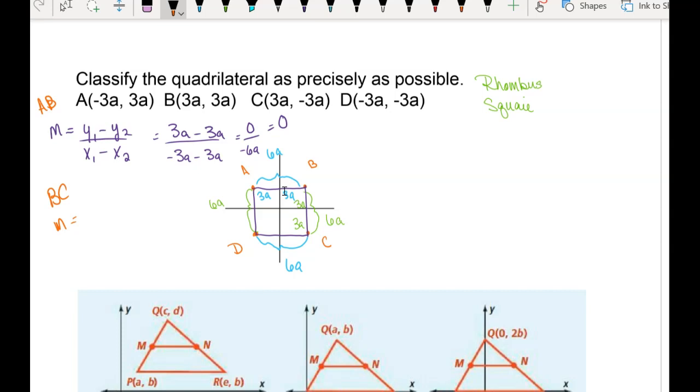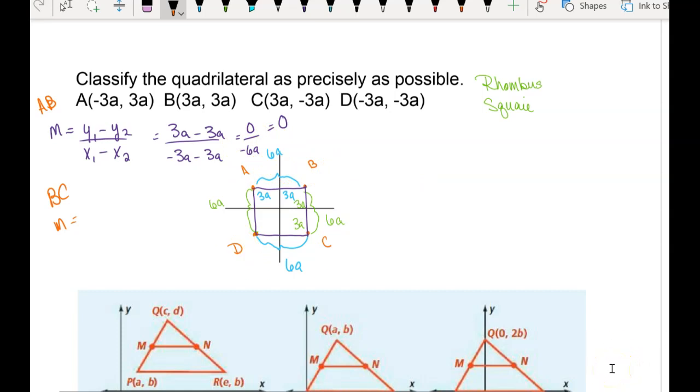Do you remember? An angle is perpendicular. It will be the negative reciprocal. So we are hoping that BC that we're looking at over here will be positive 6a over 0. Let's see what we get.